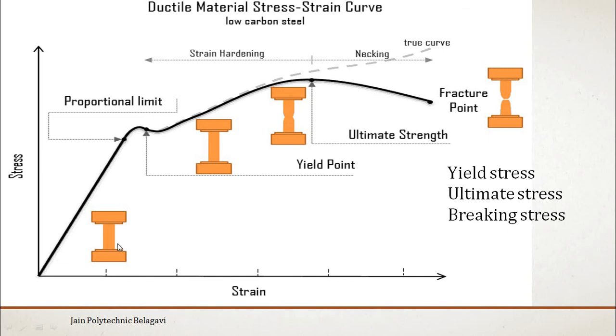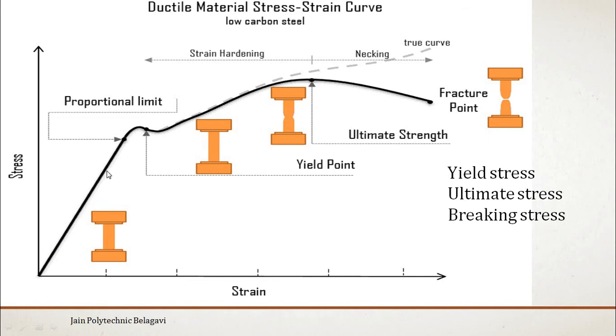The test specimen is this, with the initial original dimensions. You found that the stress was increasing and the strain was also increasing in the test specimen in the previous slide. Similarly here, as the stress increases, the strain also increases in the bar slowly.